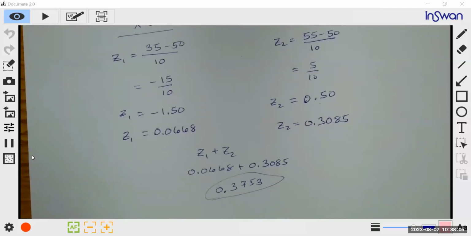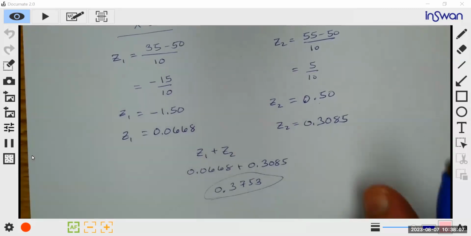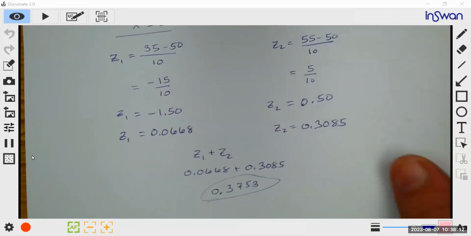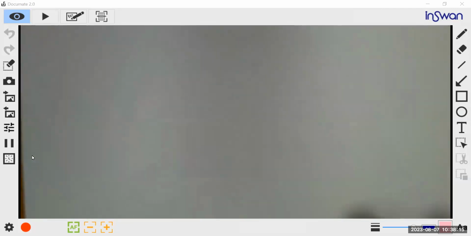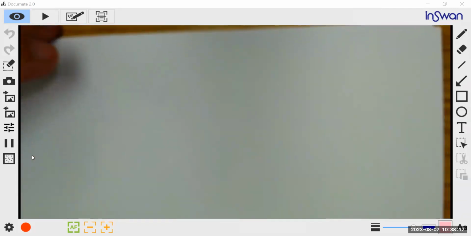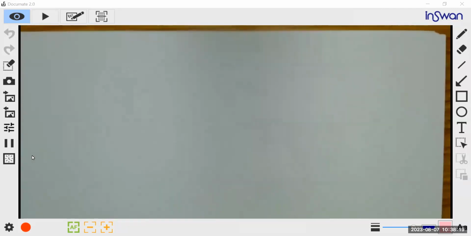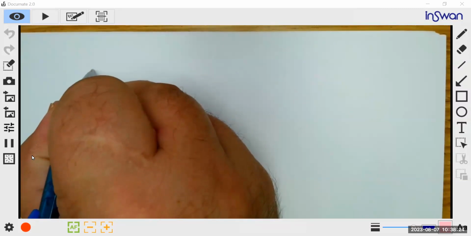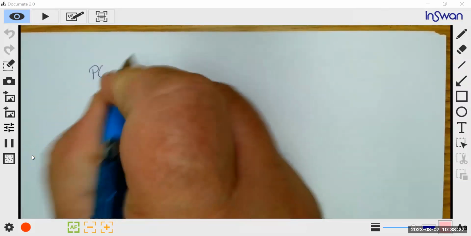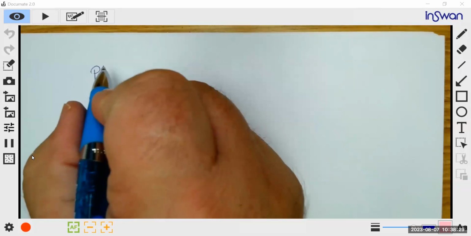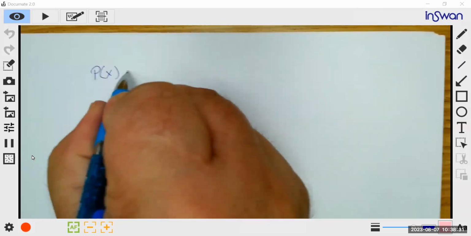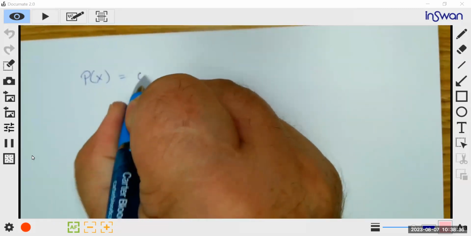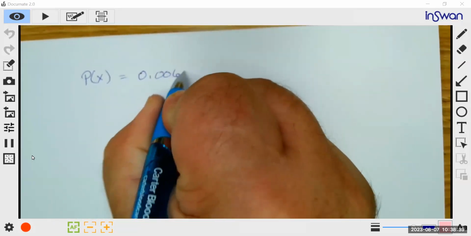Let's go backwards. What if I give you the area? I want to know what value corresponds to that area. The probability of some value x is equal to, let me pick one here, 0.0060.